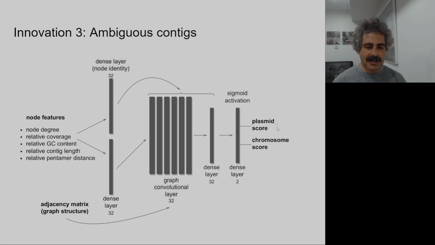These two outputs are inferred from the same information, but they are inferred independently. So it means that we can identify the same contig as both being a plasmid and a chromosome, and this would correspond to an ambiguous contig.